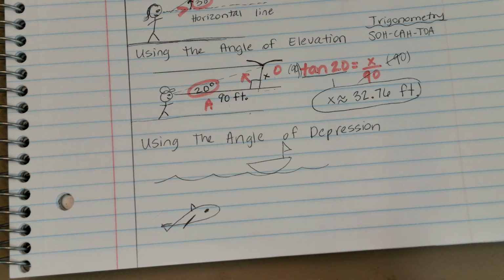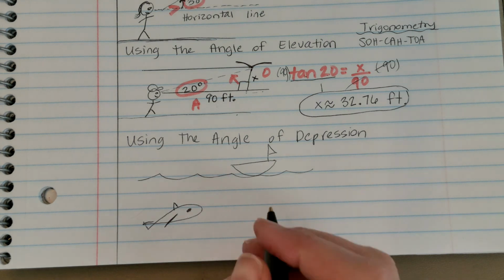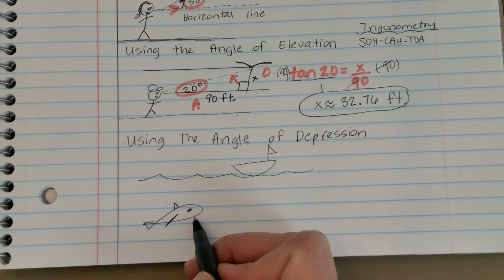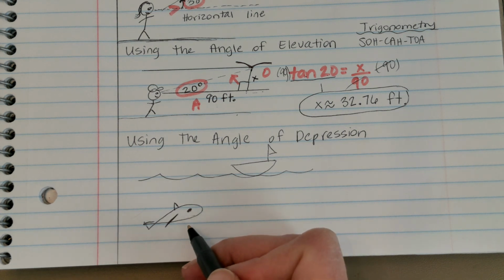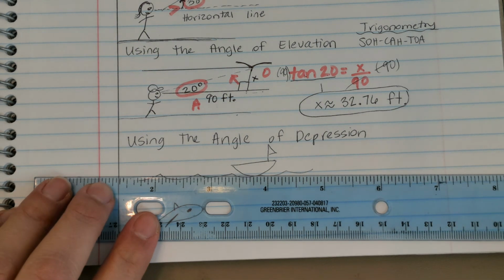All right, so now let's look at what the angle of depression would be like. So imagine there is a boat, and then there is, I'm not good at drawing, a whale or a big fish. And let's go ahead and look at the information from this one, and then I'll tell you the situation. So we have a horizontal line from the boat.